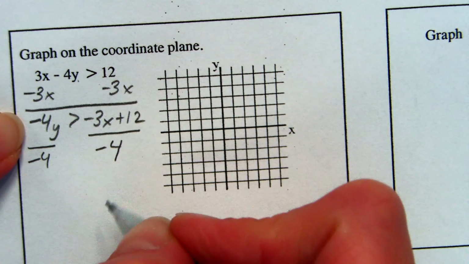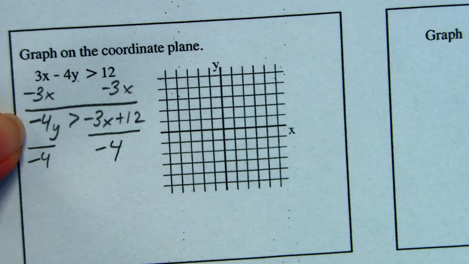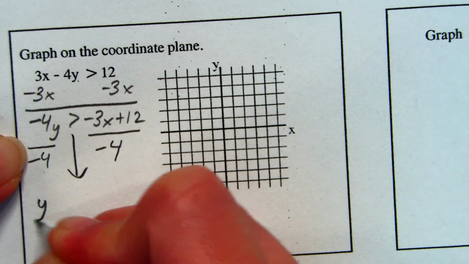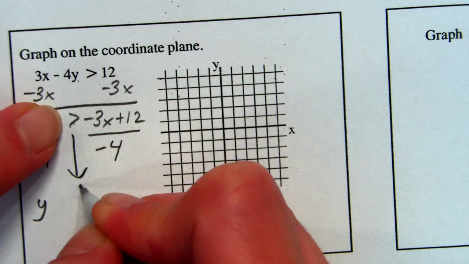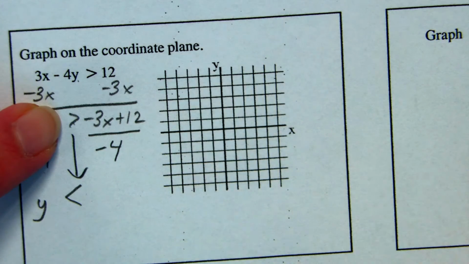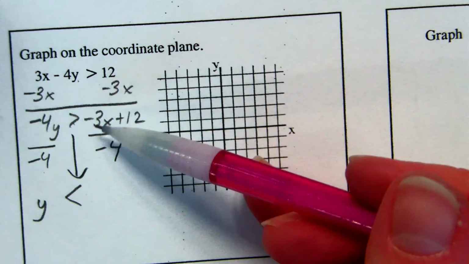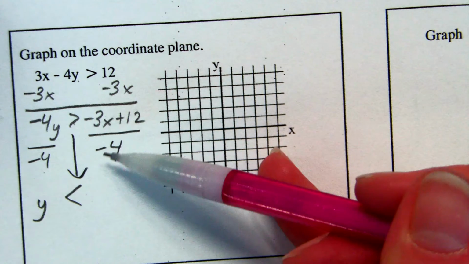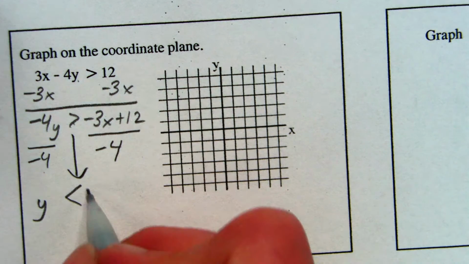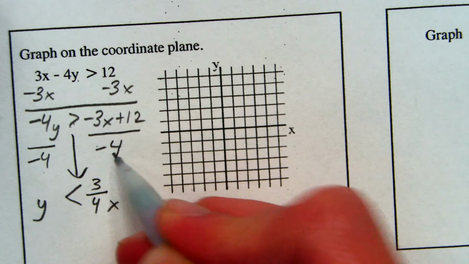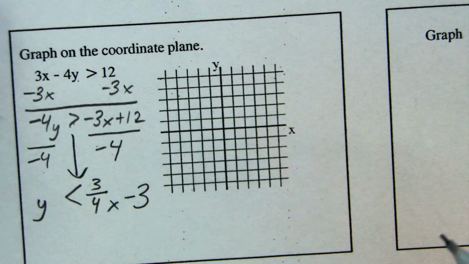Now, something special happens when we divide inequalities by a negative. We're going to flip the greater than, make it less than, just like we did when we were solving them before. Then I have to think about all the signs here. So negative 3 and negative 4 cancel, and I'm going to use positive 3/4 x. 12 divided by negative 4 comes out negative 3.